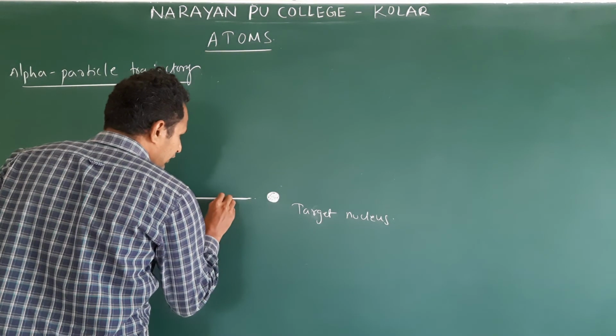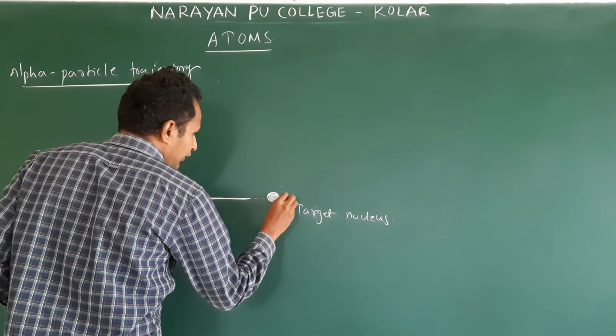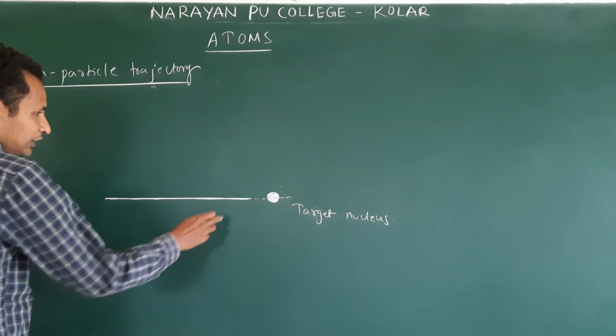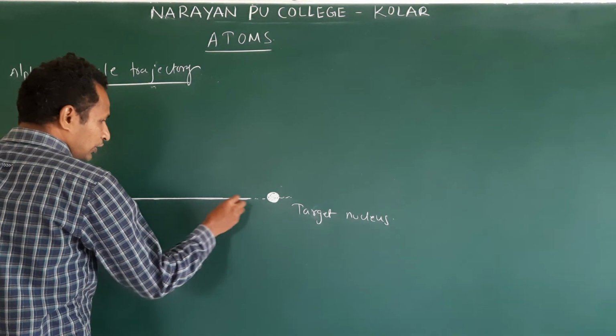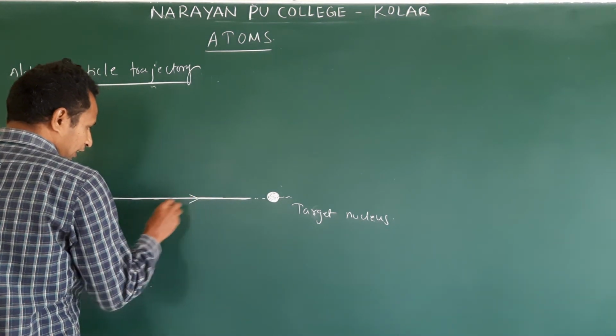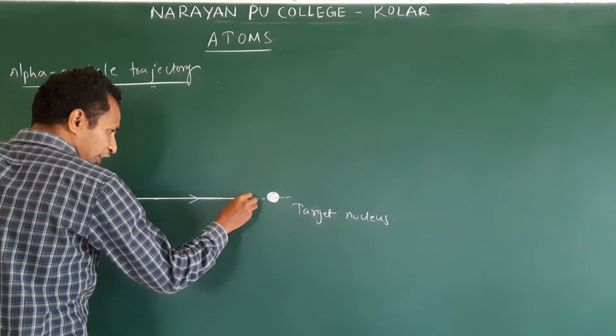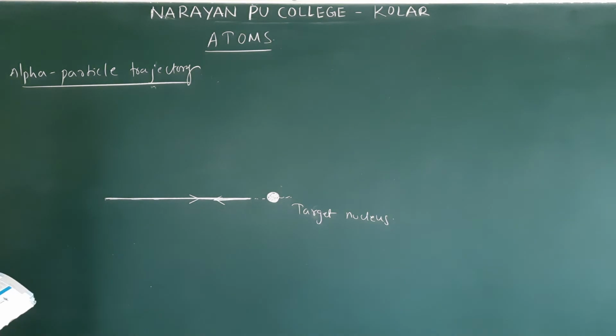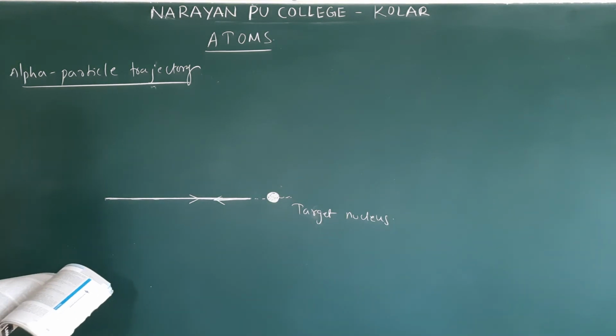If we take the center of the nucleus as a reference line, the angle of this incident ray is 0. So this alpha particle falls and reflects back. Clear? The reason is the repulsive force.